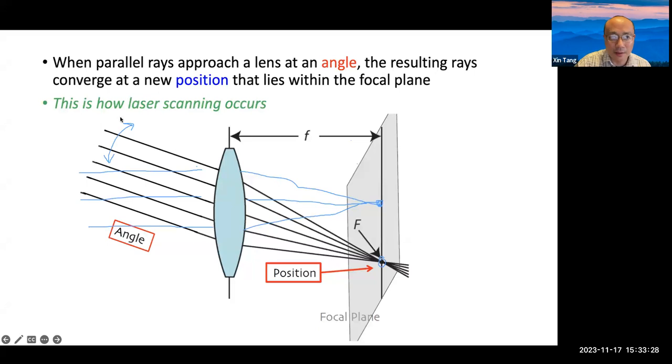People use a mirror at a position on the light path, and that mirror is connected with a motor so that they can rotate it, and the light will be reflected by that mirror. If the mirror is rotating, it is actually rotating the angle of the laser beam. Then that mirror can rotate in the X direction and the Y direction, so that they rotate the angle of the laser beam in the X direction and the Y direction.